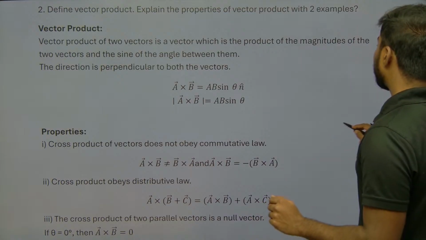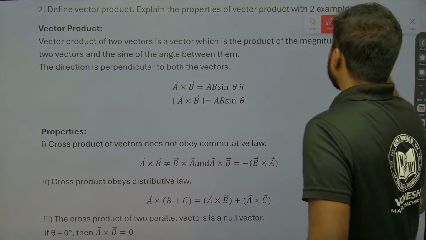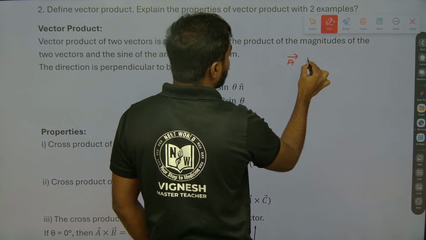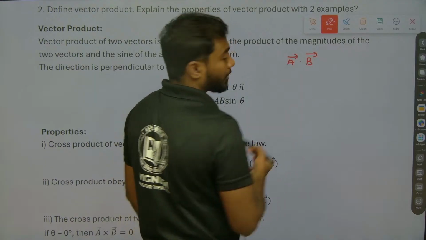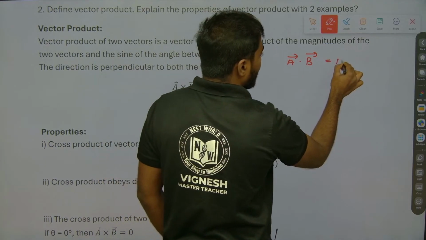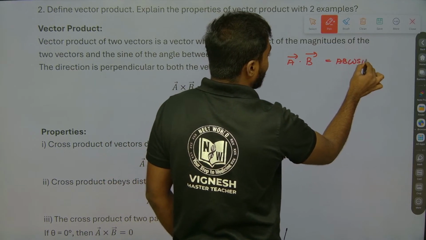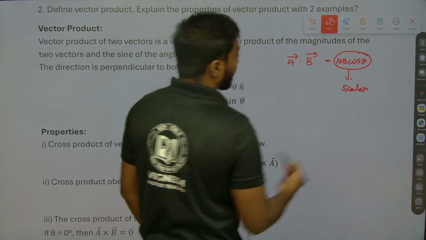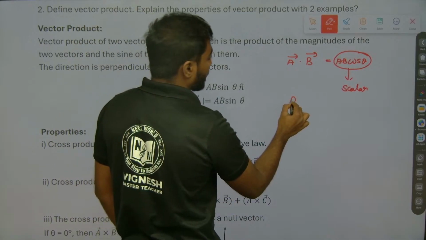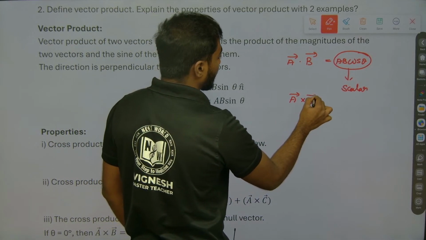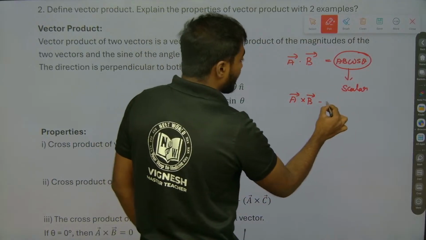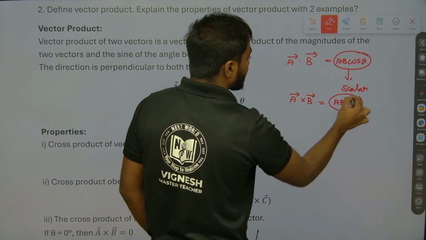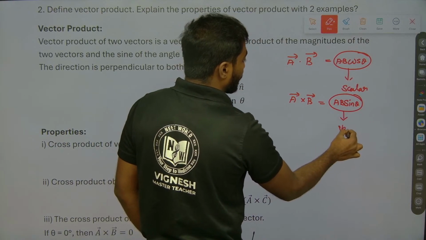It's a simple thing. When I take two vectors A and B, if I do the dot product or a scalar product, I will get AB cos theta, which is the resultant is a scalar. And the second thing is A vector cross B vector will be nothing but AB sin theta, and this resultant is a vector only.